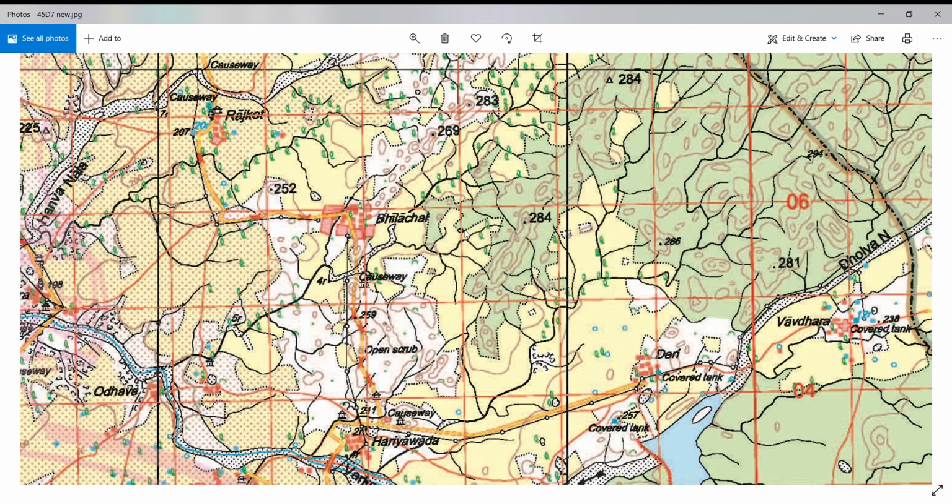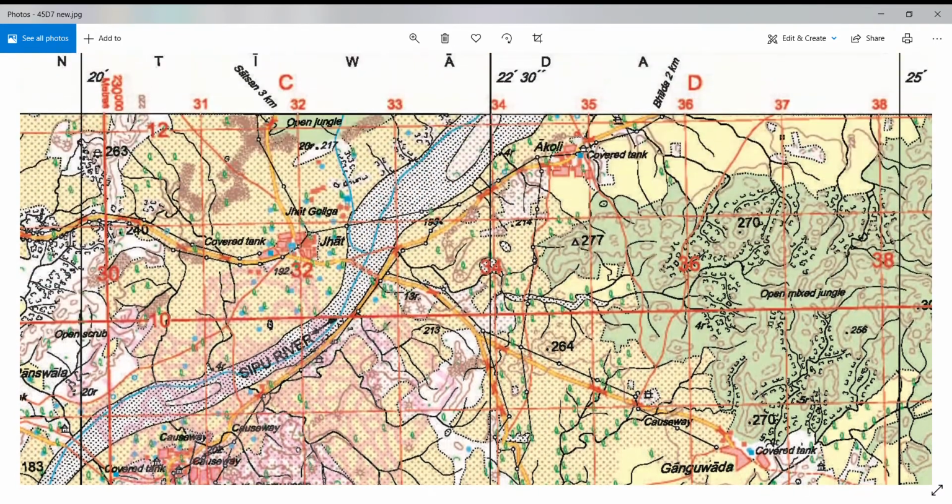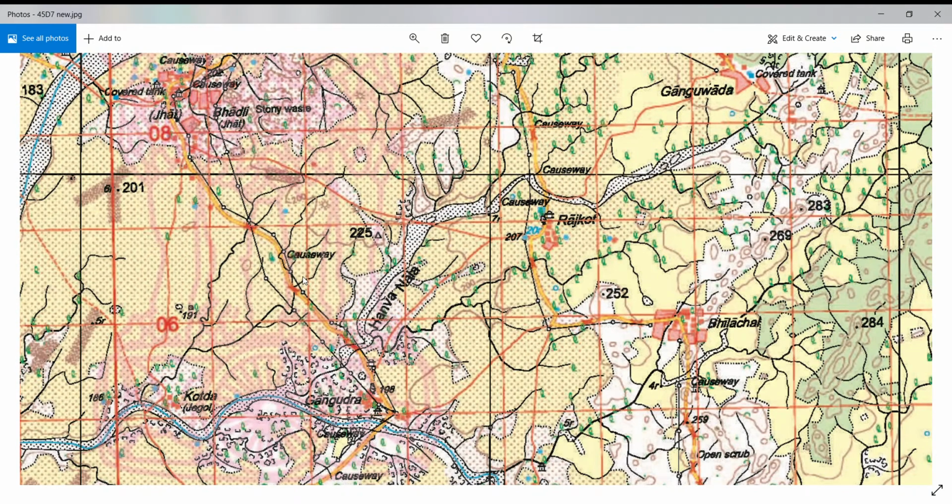Now spot height of 284 is done. Next is 225. Is it 225 or 252? 225 is a triangulated height. So the answer for triangulated height 225 was the earlier one, which I missed, and I came to spot height. This particular easting is 32. You see, this is 32. You don't have to go all the way up, you can just see from here only. 32, and 8, 9, 10 here.